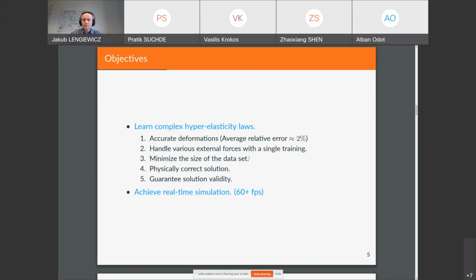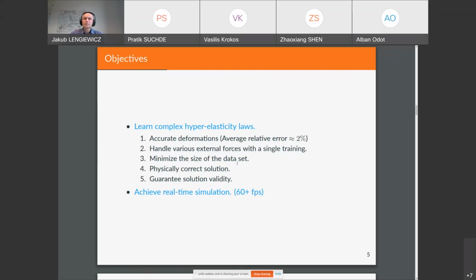And we also want to minimize the size of the dataset, because when we minimize this size, it means that we require fewer samples to train. And also, well, a physically correct solution. We'll see that it's not exactly the same as the first point here.